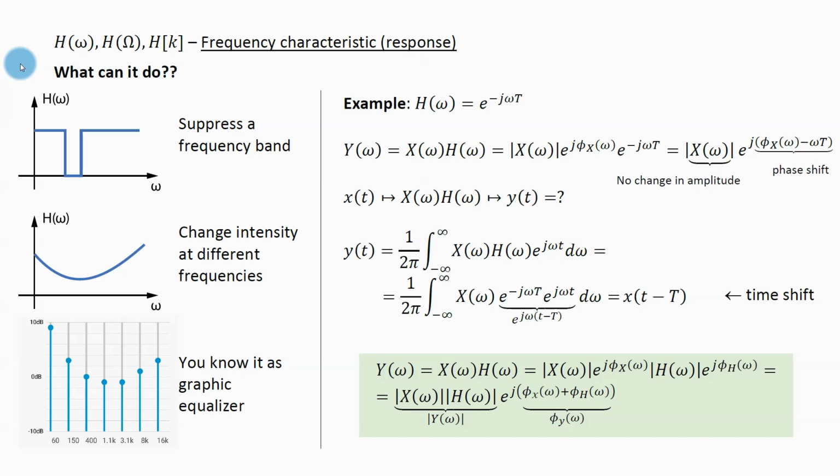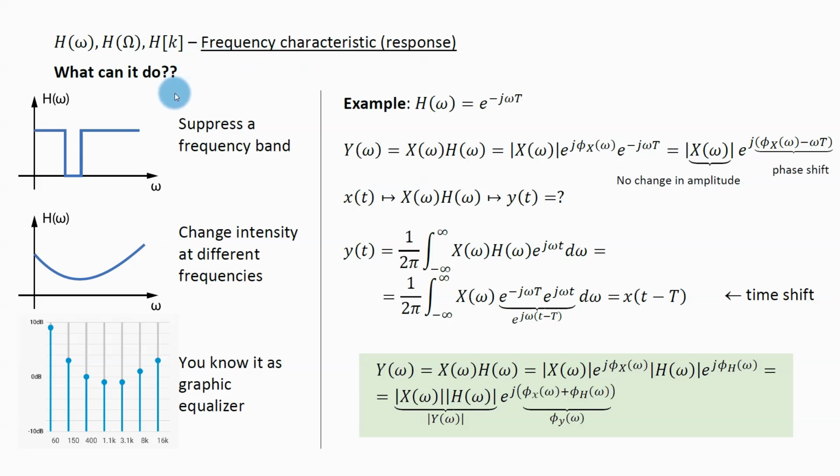We can use it with the continuous time Fourier transform, in which case we would use this argument of lowercase omega. We can use it with the discrete time Fourier transform, in which case we would use this argument of uppercase omega, and we can use it with the discrete Fourier transform, in which case we would use the argument of k. In all of these cases, we will refer to this function h as the frequency characteristic or frequency response.